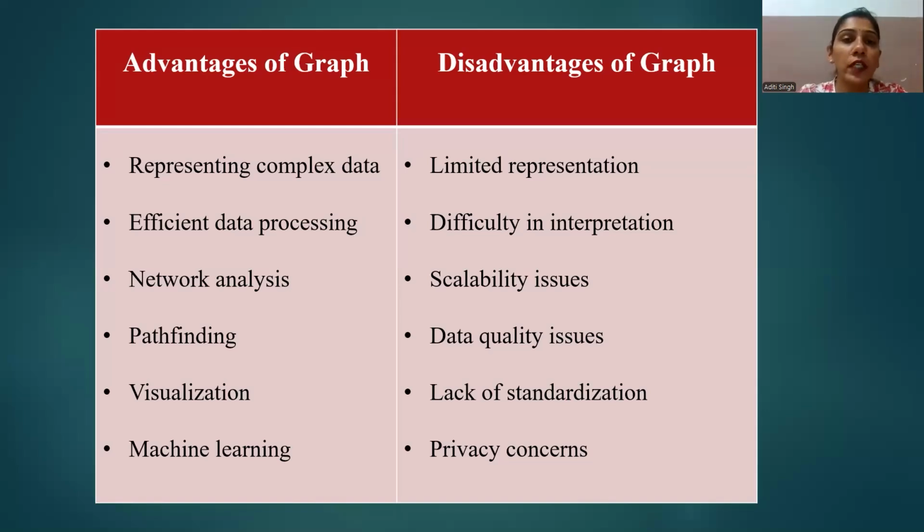The first point is representing complex data. Graphs are very effective tools for representing complex data, especially when the relationship between the data points is not straightforward. Graphical representation helps in understanding that.